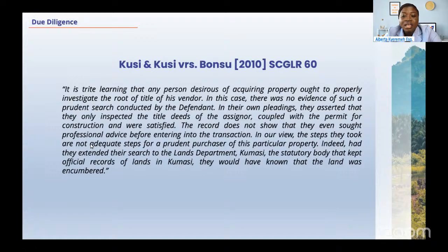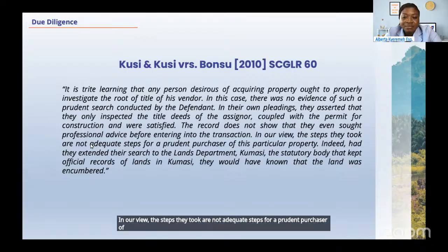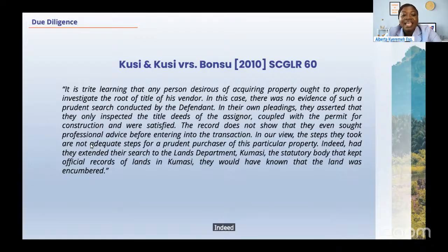In our view, the steps they took are not adequate steps for a prudent purchaser of this particular property. Indeed, had they extended their search to the Lands Commission, Kumasi, the statutory body that kept official records of lands in Kumasi, they would have known that the land was encumbered. So this is what the court said in this case.